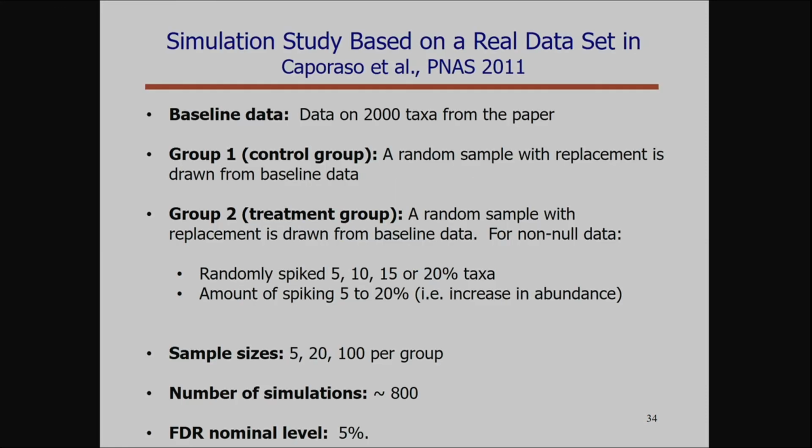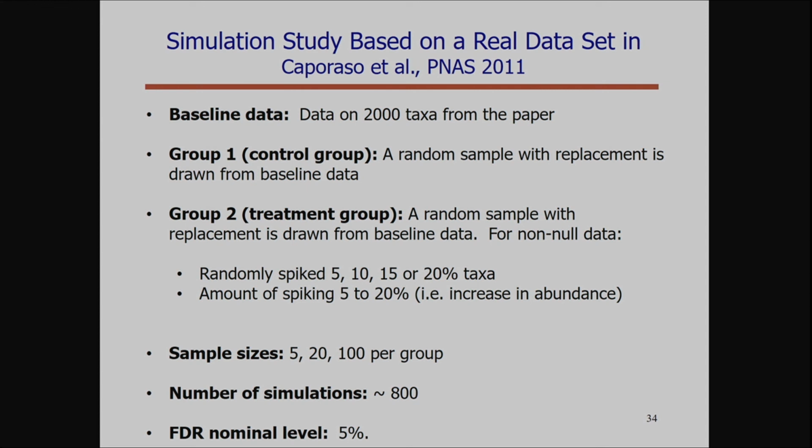So the setup that I'm describing: we have 2,000 taxa taken from a paper, and there was a control group. We took a random sample out of that to describe the control group, and the treatment group was created by spiking a subset of those taxa at certain rates. So we randomly spiked 5, 10, 15, or 20% of the taxa, and the amount of spiking was 5 to 20%.